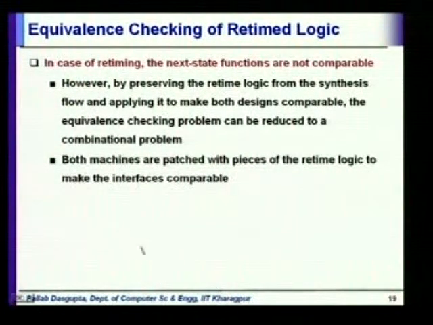So, what is done is that you preserve the retime logic from the synthesis flow and apply it to make both designs compatible. So, what you do is you take the original circuit, you take the retimed circuit. What has the retimed circuit done? It has moved some of the combinational logic across the flops to the other side, right. Now, the combinational logics are not identical anymore, right.